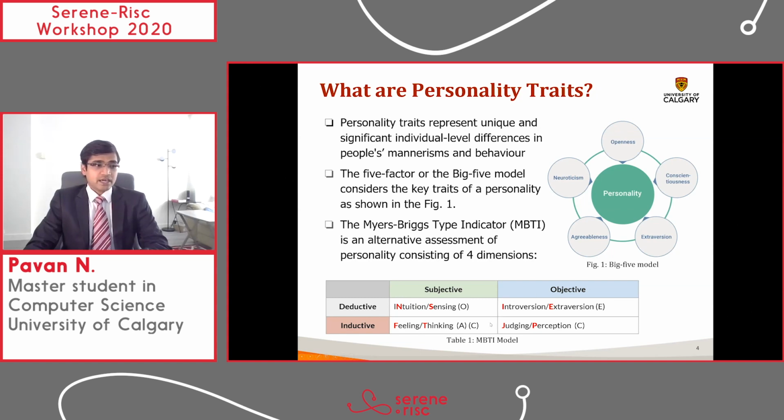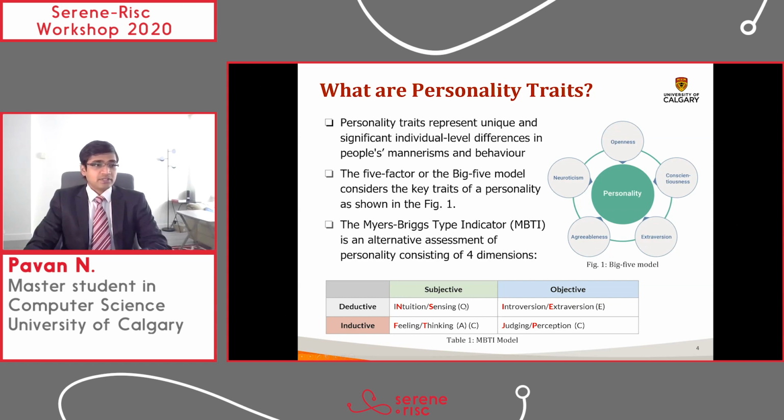The other scale is the MBTI model that has been used extensively throughout psychological study. So MBTI tries to use similar dimensions, but it has 4 different dimensions that describe a person's personality traits, which are intuition or sensing, extroversion or introversion, feeling or thinking, and judgment or perception, right?